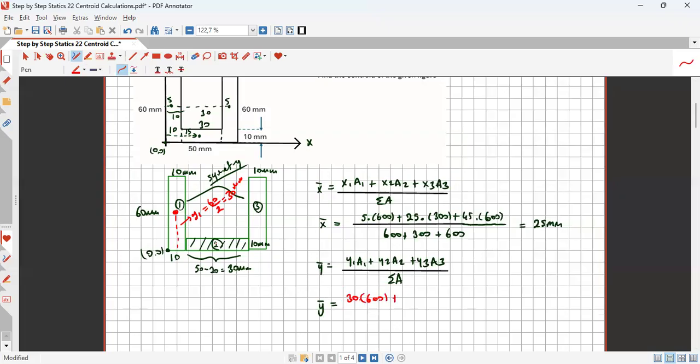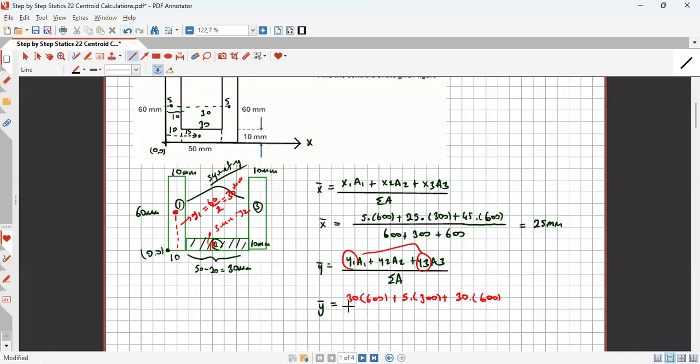Second shape, y2 is equal to 5 mm times 300. The last shape is also the same as the first one. y1 and y3 are equal, 30 times 600.